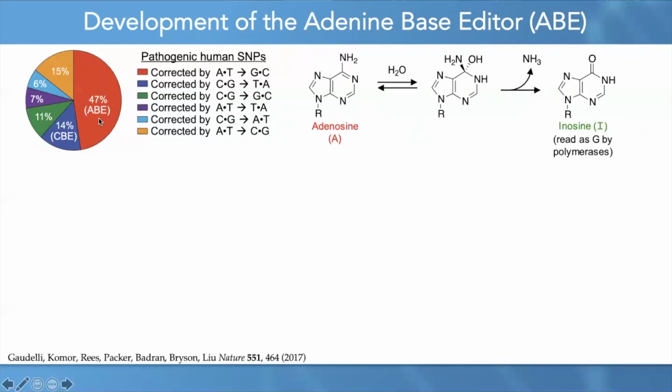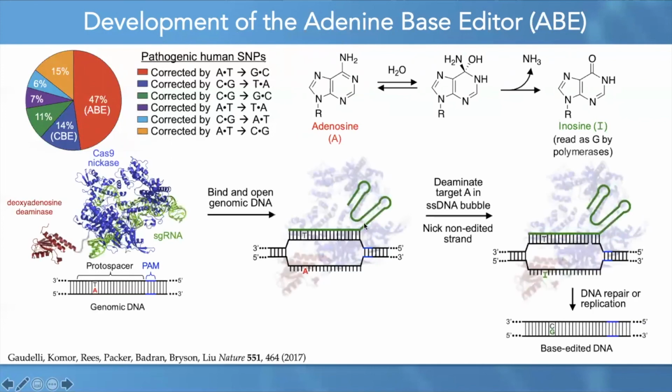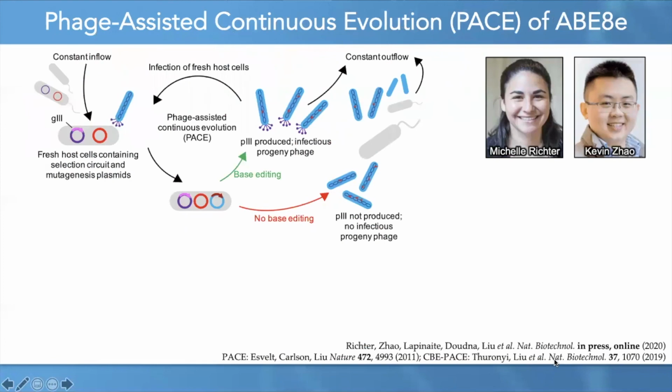ABEs catalyze the hydrolytic deamination of adenosine to inosine, which is read as guanine by polymerases during transcription or DNA replication. ABEs function like CBEs. They bind, deaminate, and nick their target DNA, but instead make edits that convert AT base pairs to GC base pairs.